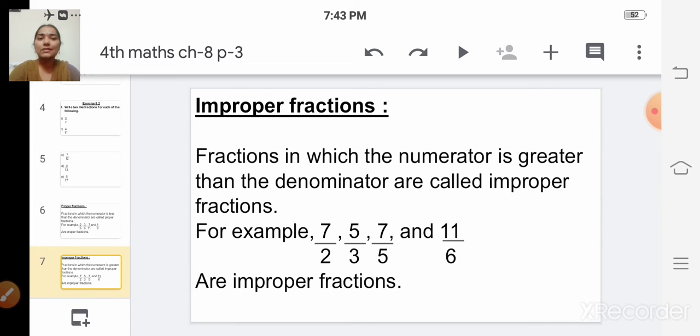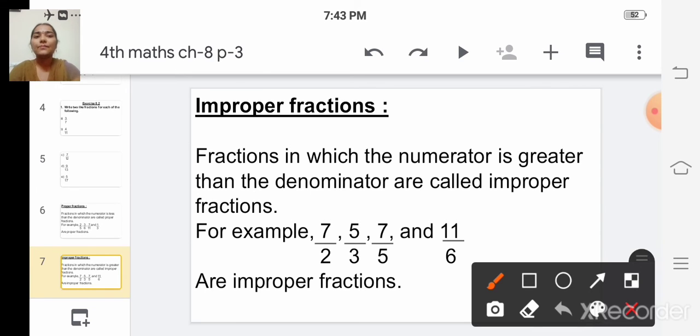For example, 7 by 2, 5 by 3, 7 by 5 and 11 by 6. In all these fractions, 7 is greater than 2, 5 is greater than 3, the numerator 7 is greater than the denominator 5, and in the last fraction, numerator 11 is greater than the denominator 6.